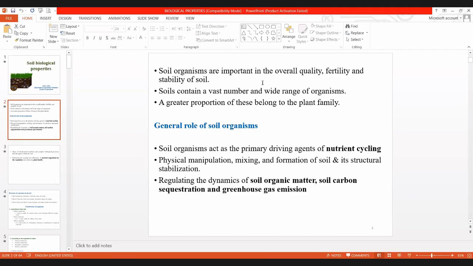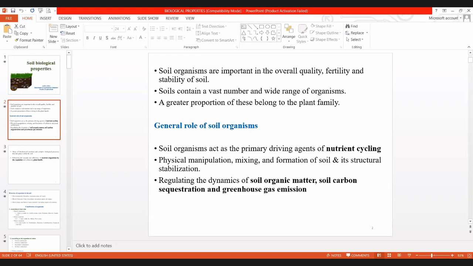Any other answers? So this biological property is important for nutrient cycle, decomposition. Okay, for those things, the biological properties are important.